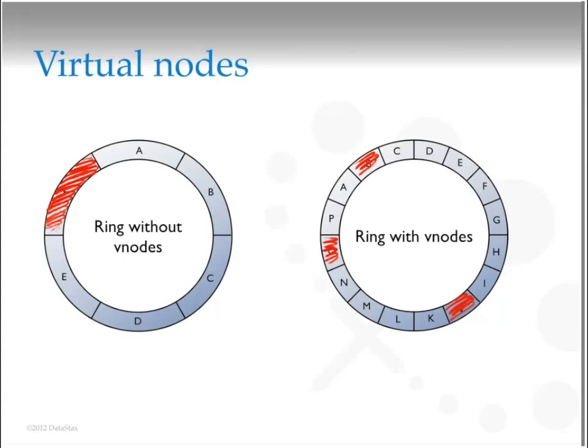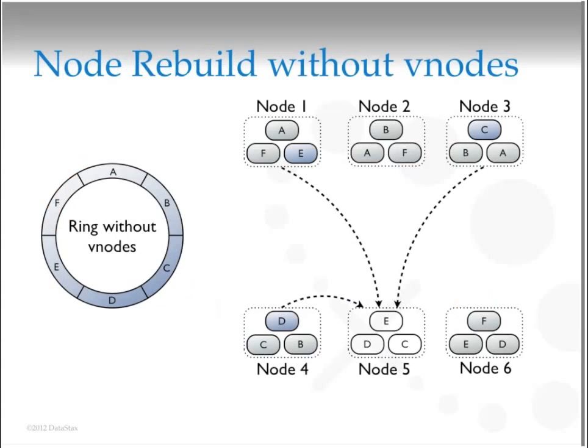So in particular, there's a couple places where this is particularly important, which are adding machines to the cluster or replacing them if you have a failure. So let's look at the failure case where I have a cluster and then one of my machines dies, and it's not just a bad power supply or something that I can replace and bring the machine back up, but I've actually catastrophically lost all the data that's on that machine and I need to rebuild it.